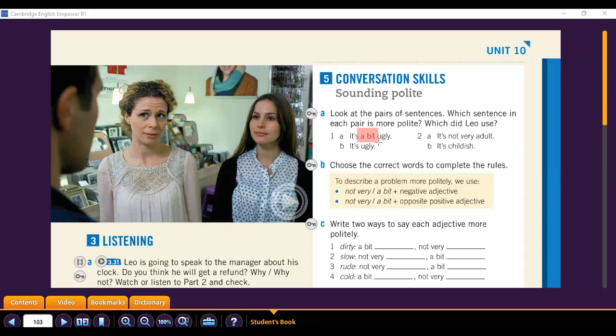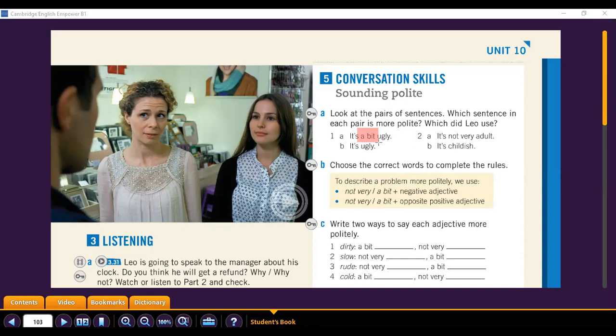Cuando describen algo con un adjetivo con un significado negativo, pueden utilizar esta palabra antes. ¿Sí? It's a bit ugly.